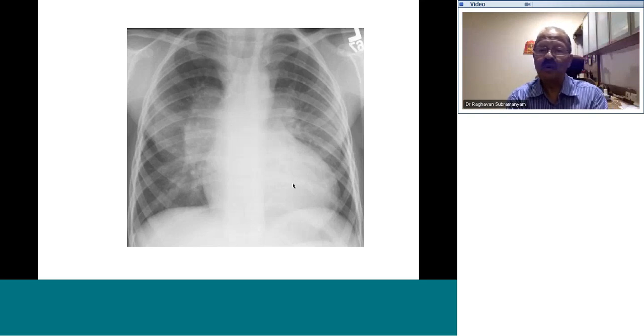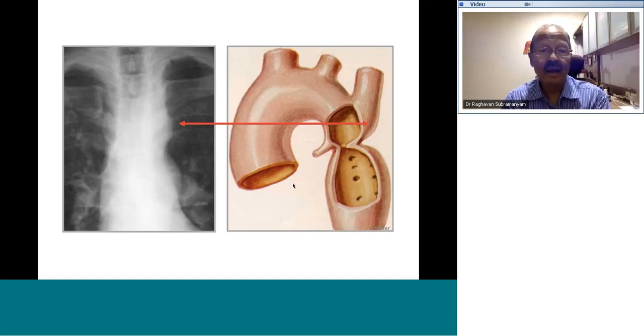If you have a patient who is very mildly symptomatic, if you have a to-and-fro murmur at the upper left sternal border, suggesting severe pulmonary incompetence, and if you have this X-ray, the diagnosis is absent pulmonary valve syndrome and nothing else. Therefore, a lot depends on the clinical finding and how you correlate with the rest of the finding on X-ray. Okay?